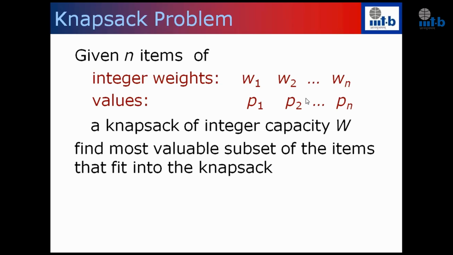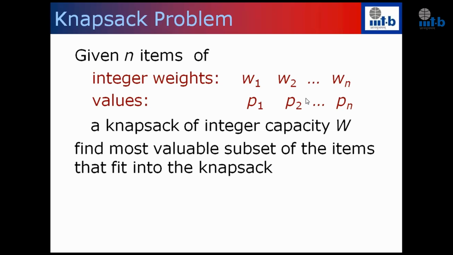In practice, what may happen is that there are, let's say, 10 items of the same kind. You may take from 0 to 10 of them, right? That becomes a different variation of the problem. If that is a real problem, you write the same input 10 times so that it becomes just a 0, 1 problem. So without loss of generality, we are going to assume that it's a 0, 1 problem.